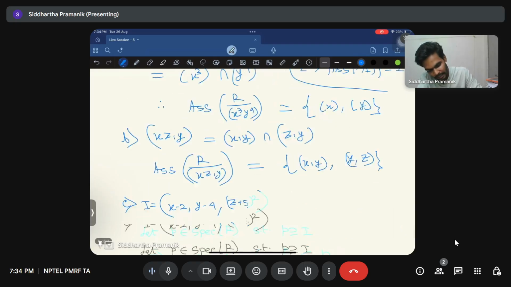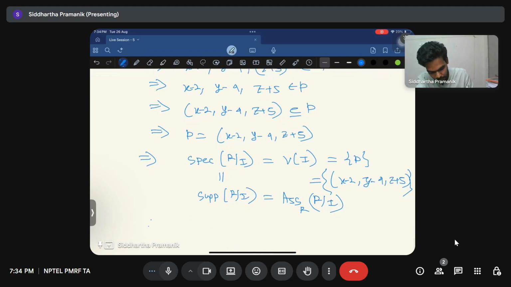So basically what we are getting is that the radical of I is P and this is a maximal ideal. Since the radical is a maximal ideal, the ideal has to be primary. So this implies I is primary.